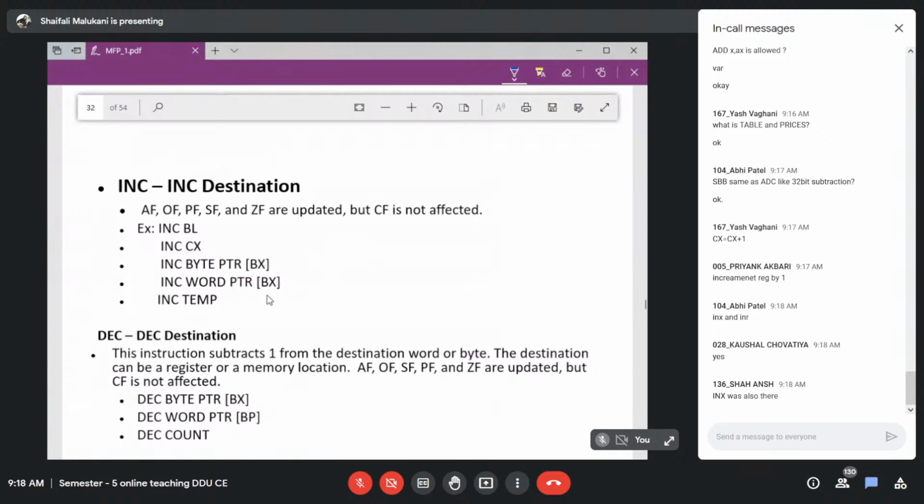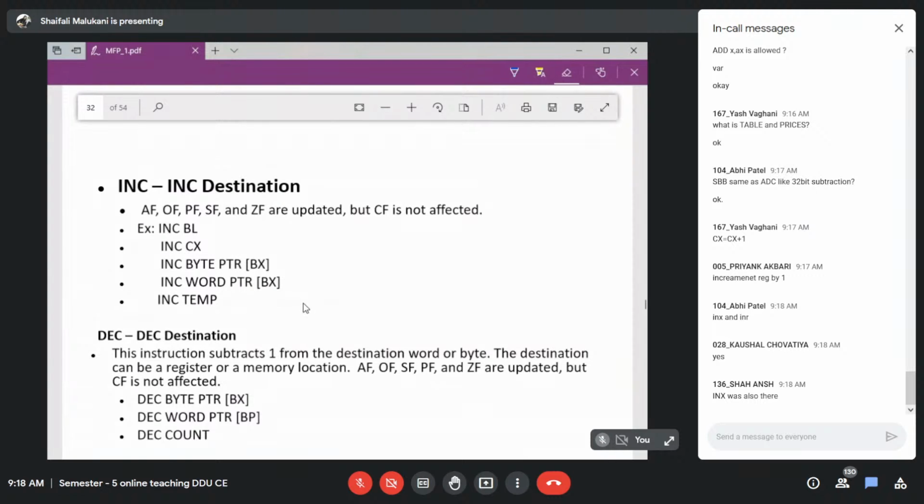Not only can you increment the register, you can increment a variable as well. See, this is a variable. Temp is a variable, like in the data segment temp is defined as a word or something, right?